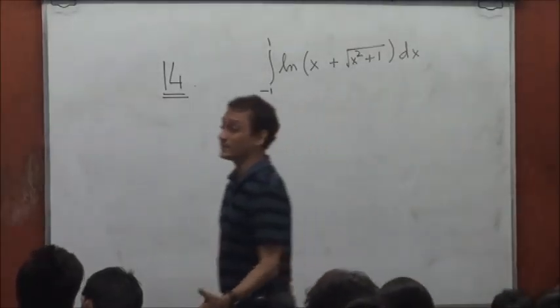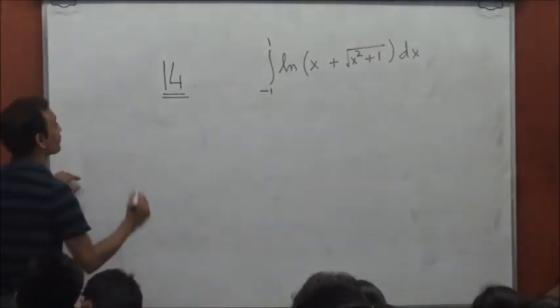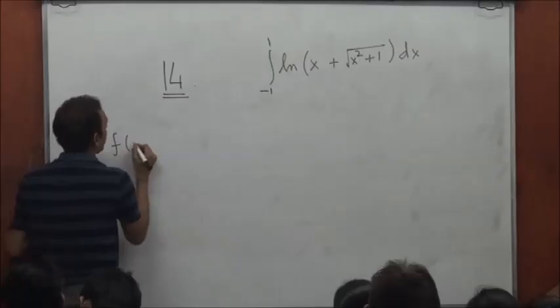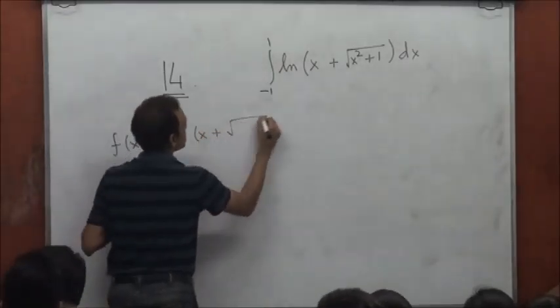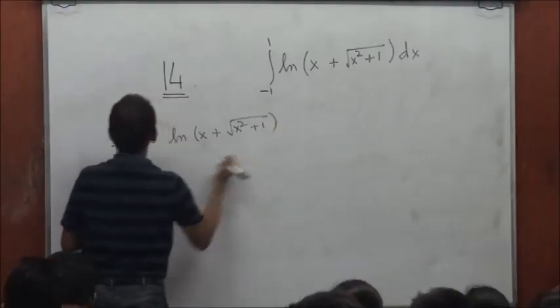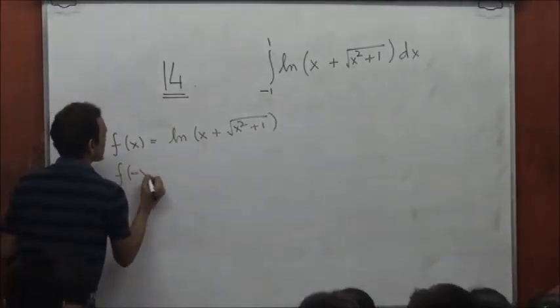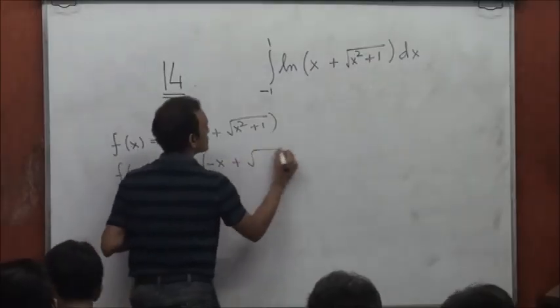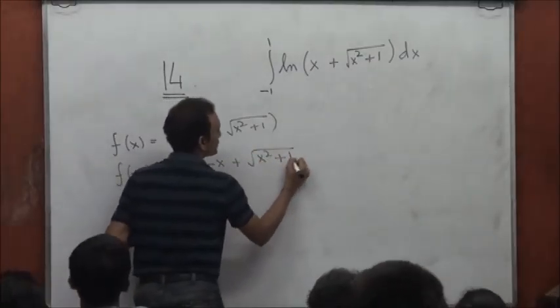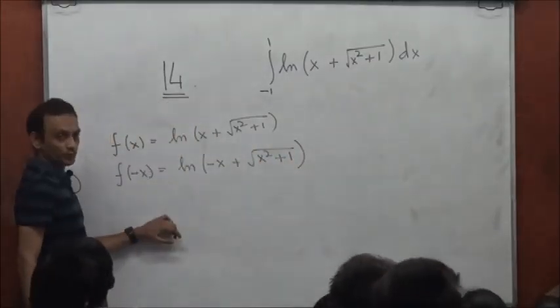Let's check for fx whether it's even or odd. Now, fx is ln of x plus root x square plus 1. F minus x is ln of minus x plus root x squared plus 1. That's f minus x, yes or no?